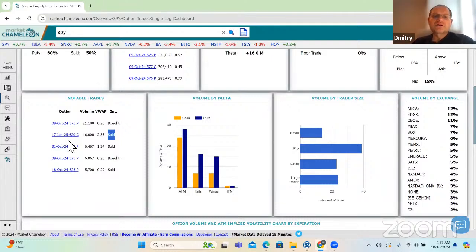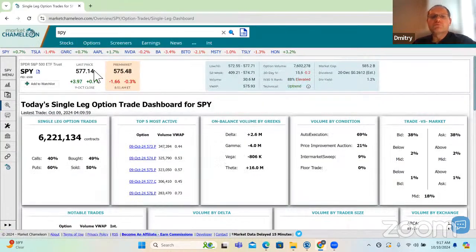The other one, October 31st. So that's at the end of this month, where yesterday was October 9th. Looking at the October 31st expiration, the 540 put, you can see that 540 put is below where the stock's trading now, 577. So this would have been a downside put.